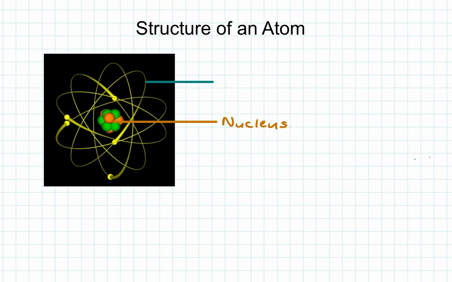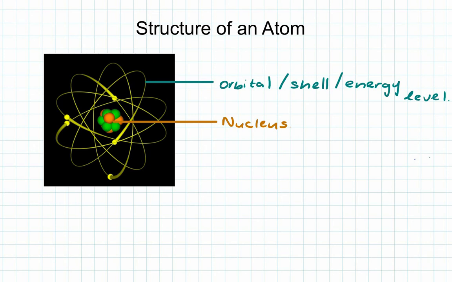So this is known as an orbital, or as a shell, or you can even call it an energy level. So an atom consists of two main parts: the central nucleus, and around the nucleus, the orbitals.